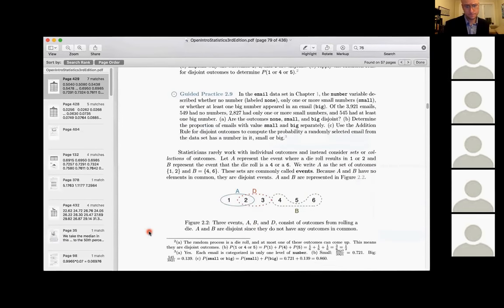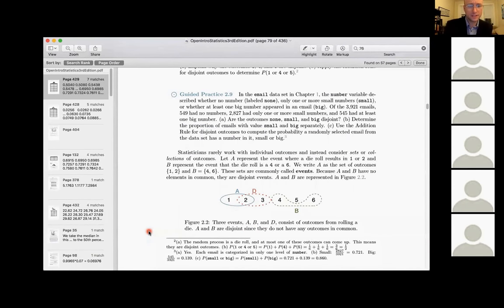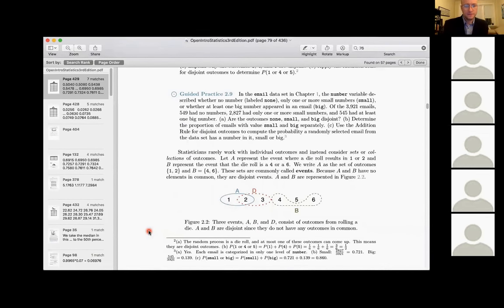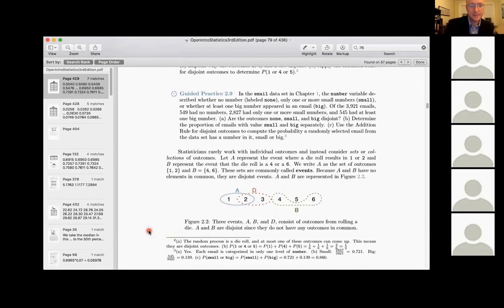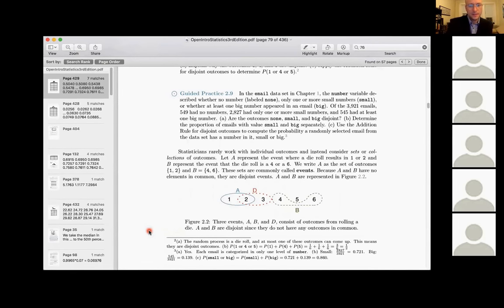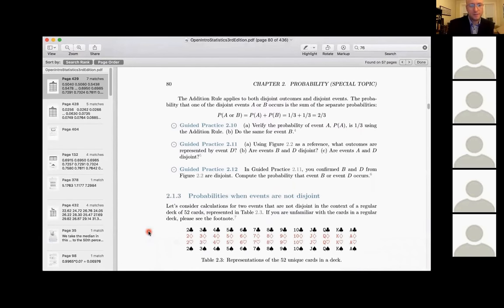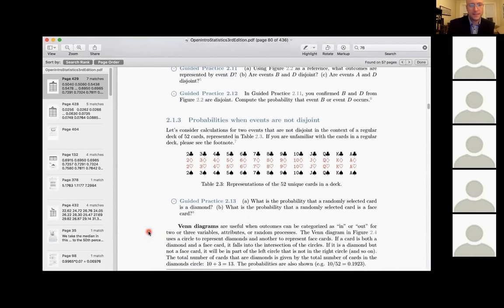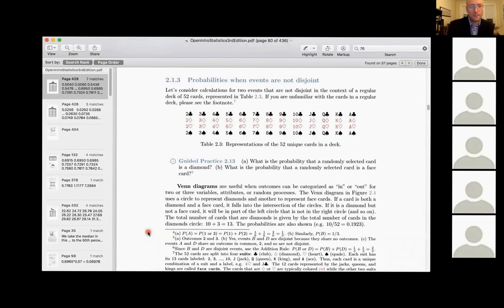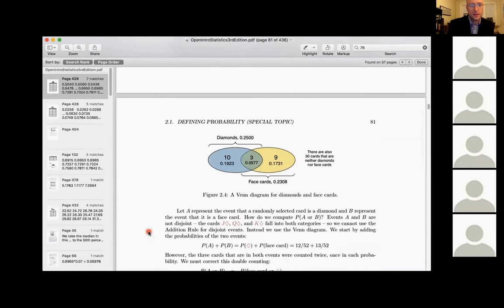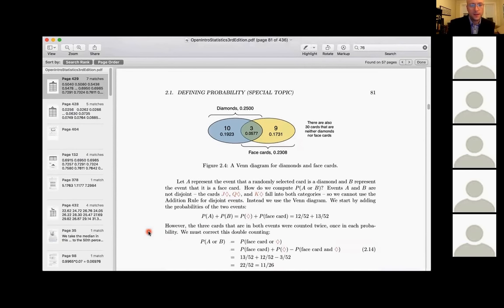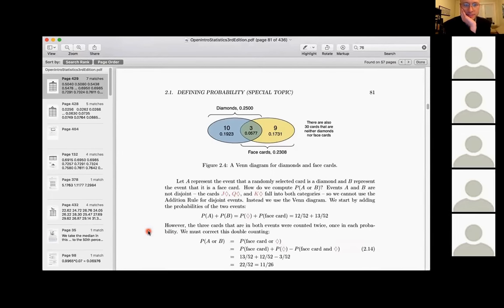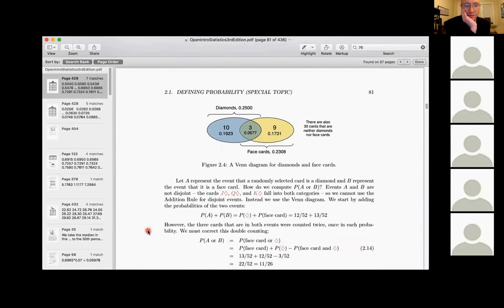We can also think about it in terms of collections or sets, but I'm going to go to this idea that when they are not necessarily disjoint, you might have an overlap here.